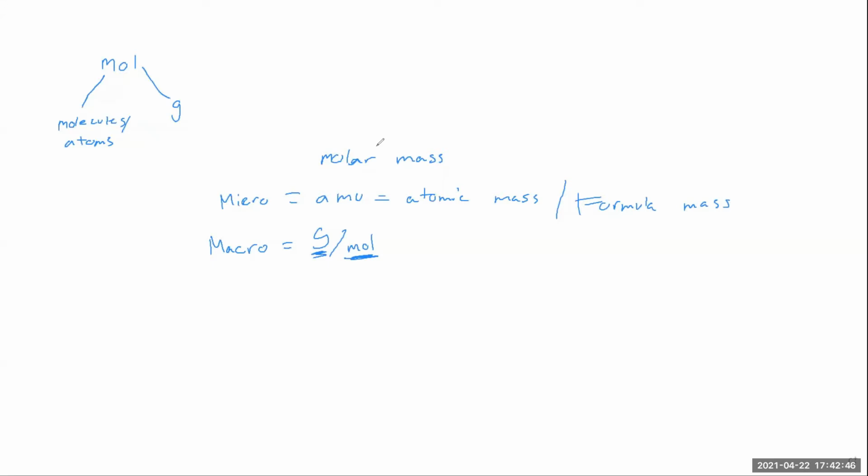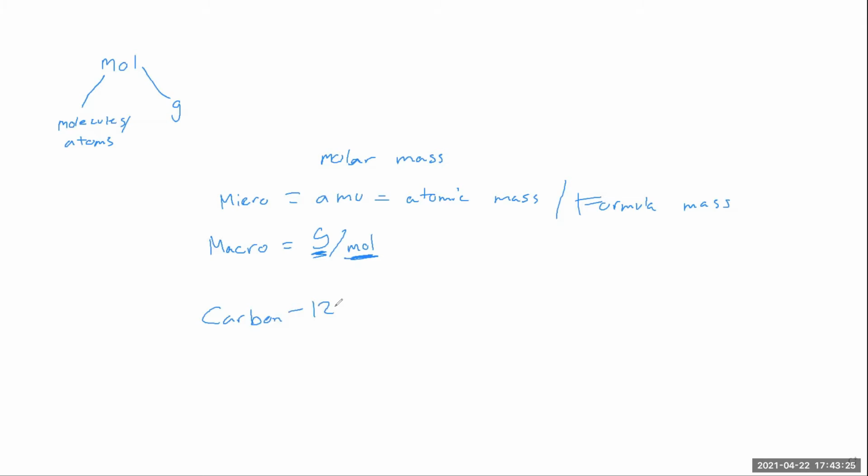So if we look back at the carbon 12 that I mentioned earlier for Avogadro's number, if we look on the periodic table, what does it tell us? What numbers are there to give us a hint? What is the mass of carbon 12?